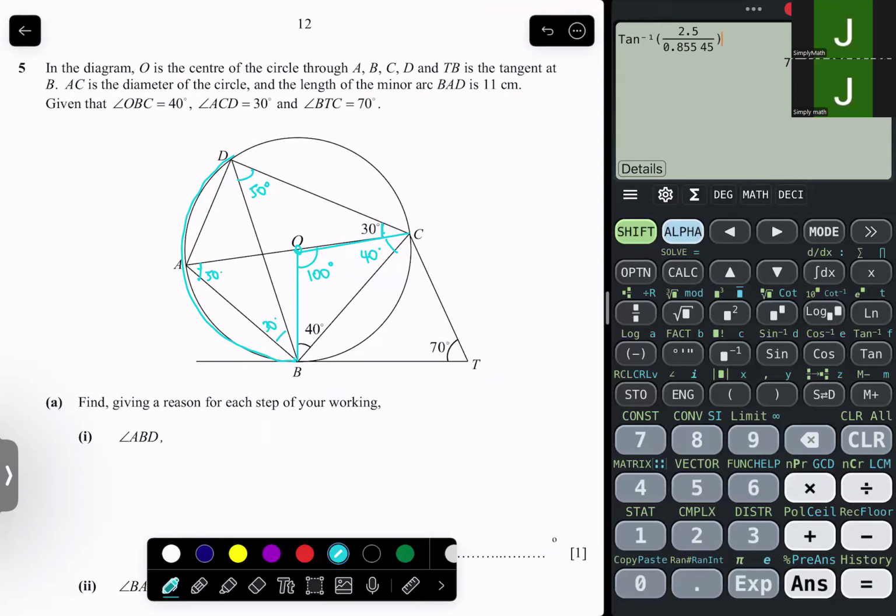Okay, now what else? Radius touch, so this must be 50 degree. So this must be 60 degree. Am I missing any other angles? Okay, 30, 50, so this can be 100 degree.